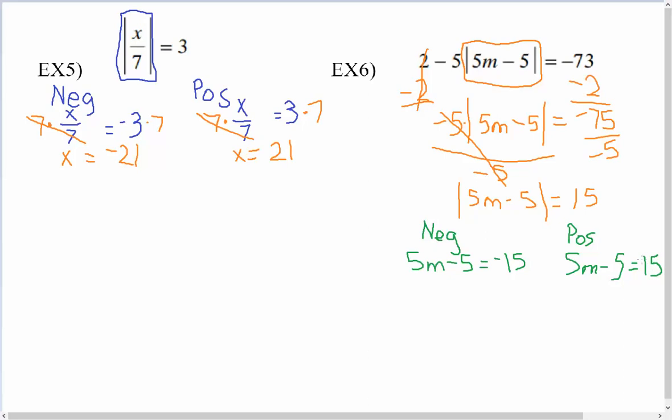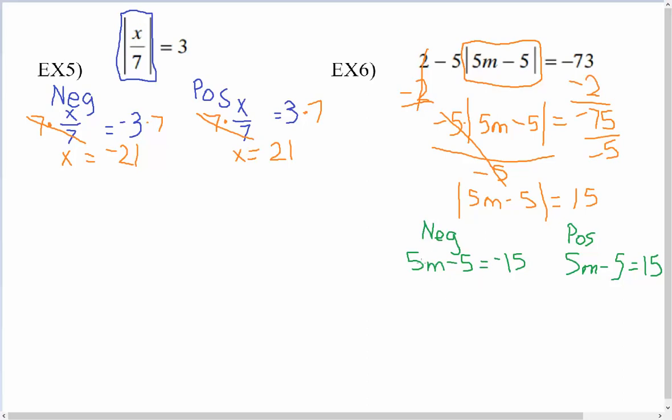Now, just as a heads up, and just to make sure you notice, once we have split the absolute values into the negative and positive directions, notice the absolute value symbols have gone away. Don't keep them. Otherwise, that's just going to create confusion.